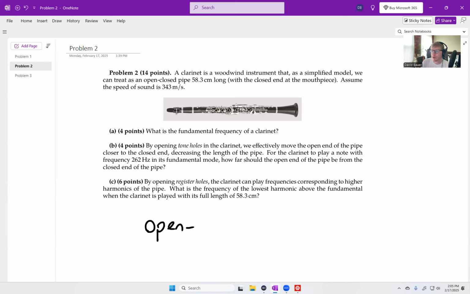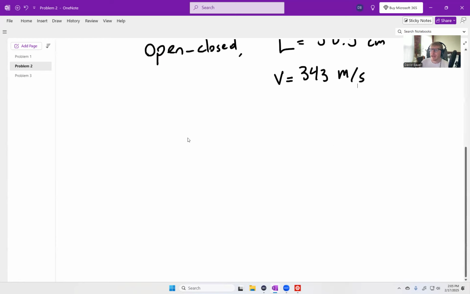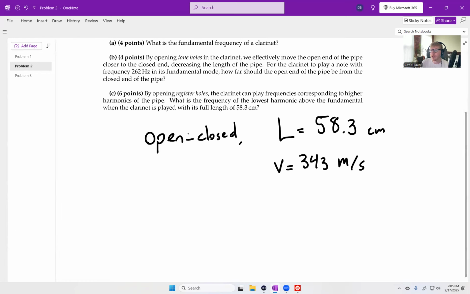So it's open closed. L is 58.3 centimeters. And we're given the speed of sound is 343 meters per second. Okay. And then A is asking us for the fundamental frequency of the clarinet.